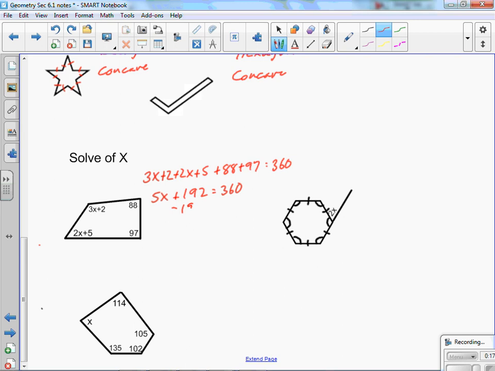And subtract the 192 from both sides. That gives us 5x equals 168. And divide by 5. So x is going to be 33.6.